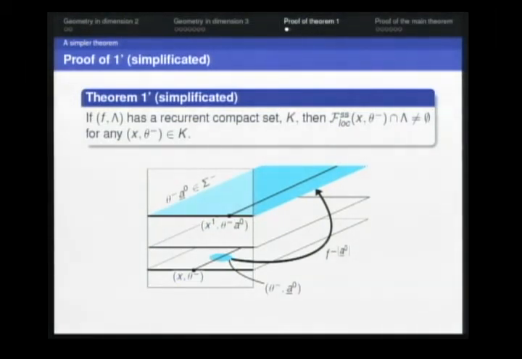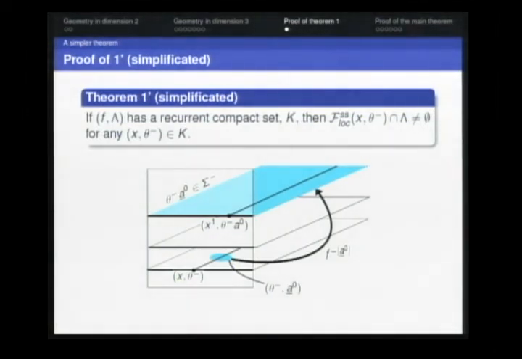So the proof is the following. Suppose we have a point in the recurrent compact set. This is the point. As it is in the recurrent compact set, we have a cylinder, or renormalization operator associated to some cylinder, such that the renormalization operator associated to this cylinder applied to this point sends this point into the interior of the recurrent compact set.